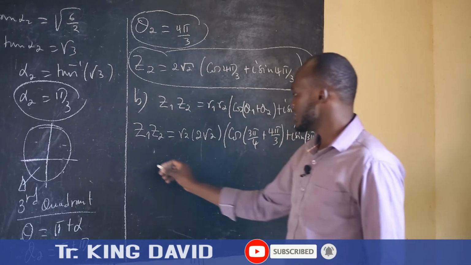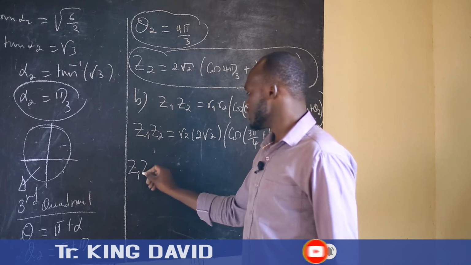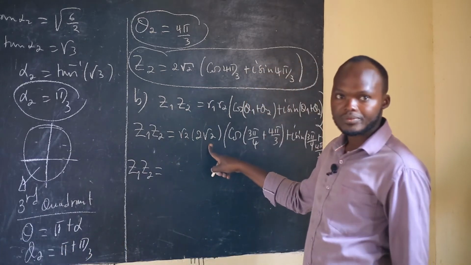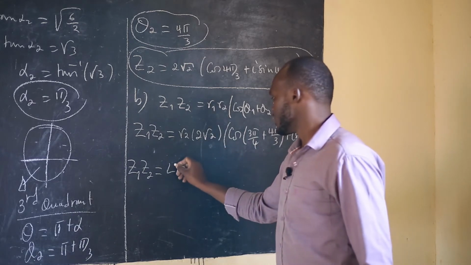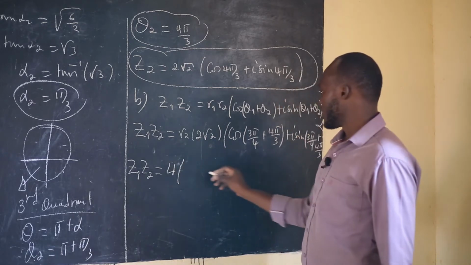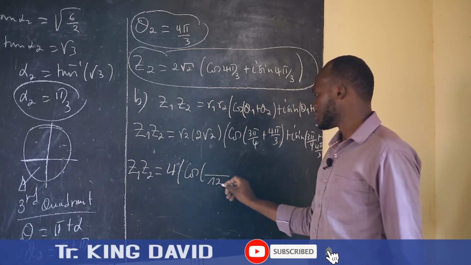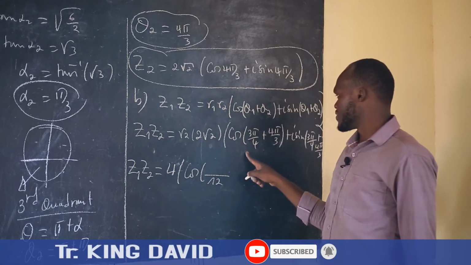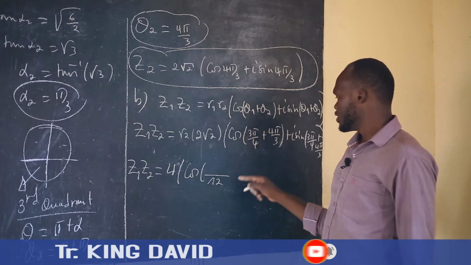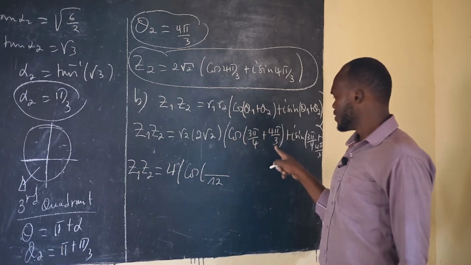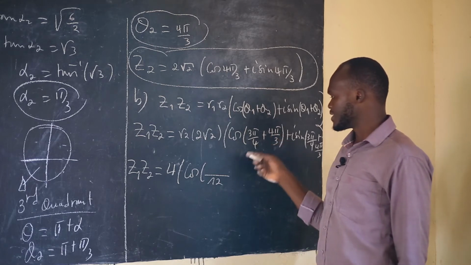So z1 times z2 will be equal to root 2 times 2 root 2, that is 2 times 2, which is 4, into bracket. Cos, I need to find the LCM here, it is 12. 12 divided by 4, that's 3. 3 times 3, that is 9. 12 divided by 3, that is 4. 4 times 4, that's 16. 16 plus 9, that is 25.